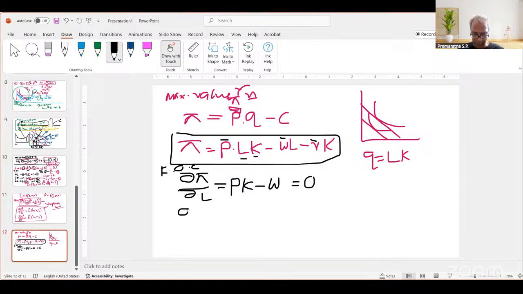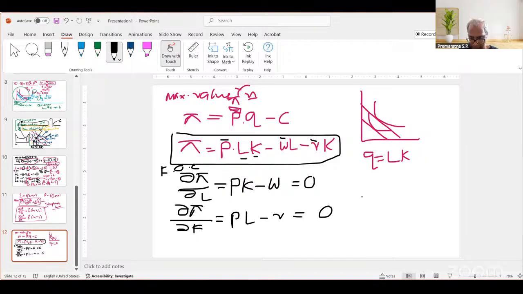And then differentiate with respect to L. There I get the P, marginal product of L, minus R. There it is very easy.